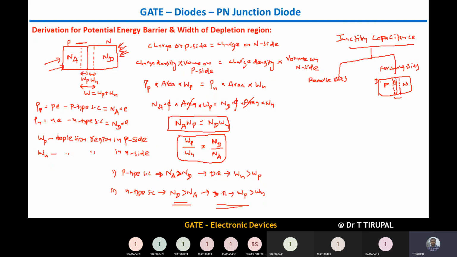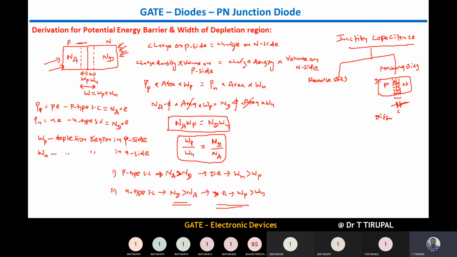Minus, minus, minus on one side and plus, plus, plus on the other. Minus and plus means the shape of a capacitance. So this capacitance is called diffusion capacitance.